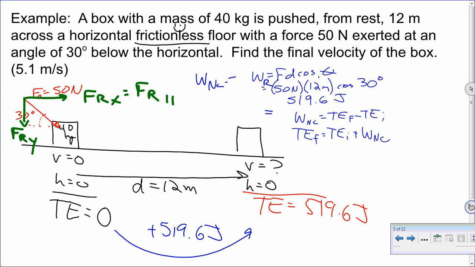Okay, is everybody good with what I did here? Why the total energy is 519? That's how much work we did, that's how much energy we gained.